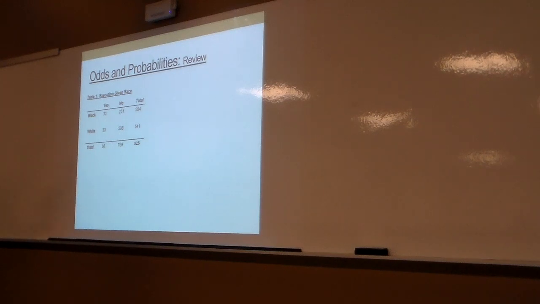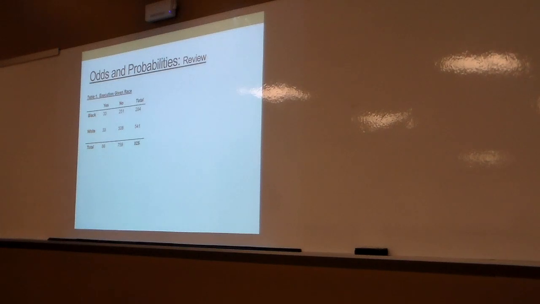Okay. So first thing we're going to do, we're going to talk about odds and probabilities. An important distinction to tease apart when we're working with this stuff. So let's say here, this is from data Narina donated at one point in time. We have data looking at rates of execution for black defendants and white defendants.